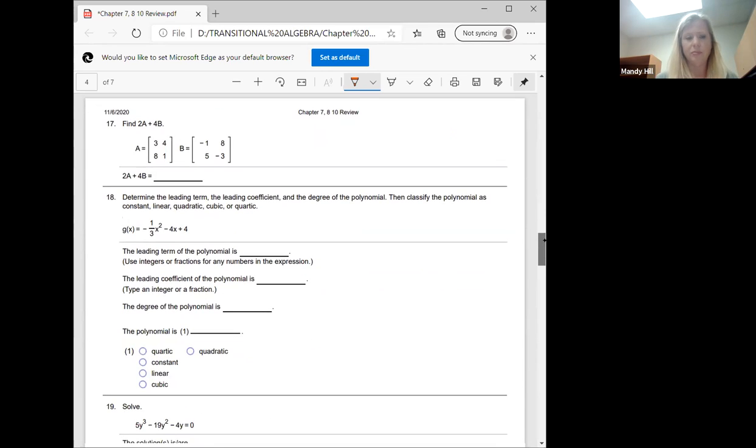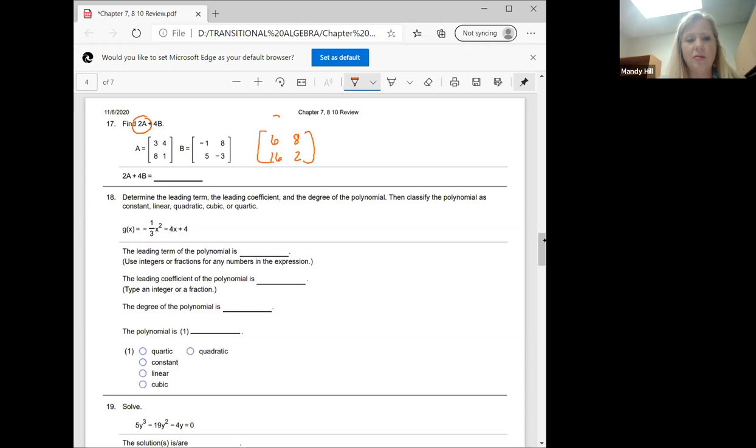Okay. Certainly welcome to type this in the matrices. If you didn't catch that, you can go back and look at the lesson, but you could do this one in the calculator, 17 if you want to. I just think it's almost as much trouble just to work the problem out. So they're saying they want you to multiply everything in A by 2. Okay, so we're going to do everything here by 2. So it's going to turn into a 6, an 8, a 16, and a 2.